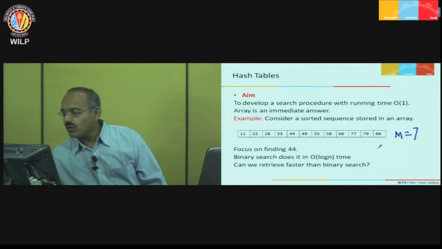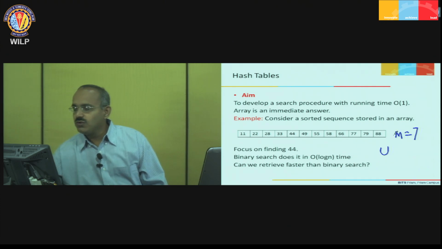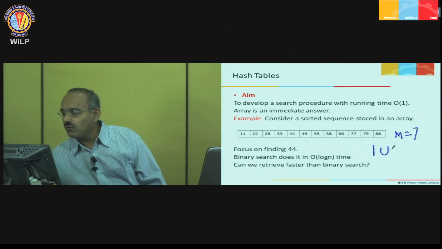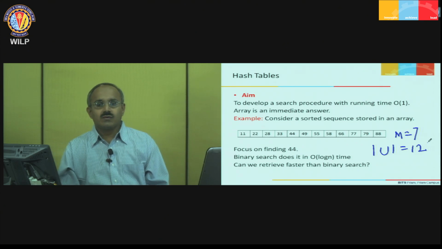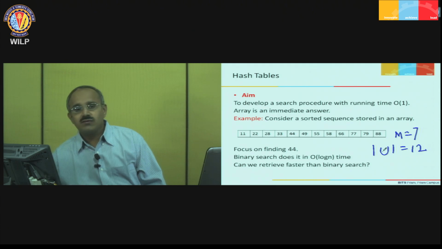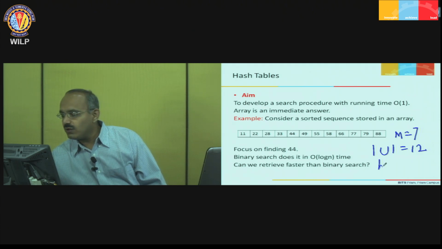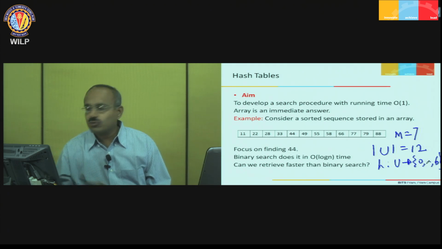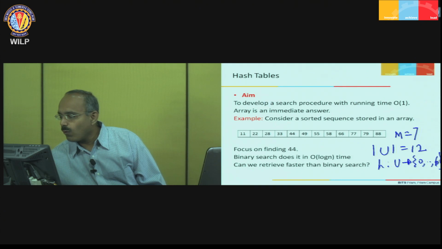For example, if I look at U as the set of all keys that I am dealing with here, I know the size of U is 12. So, if I look at my hash function as modulo 7, your h from U has to be from 0 to 6.